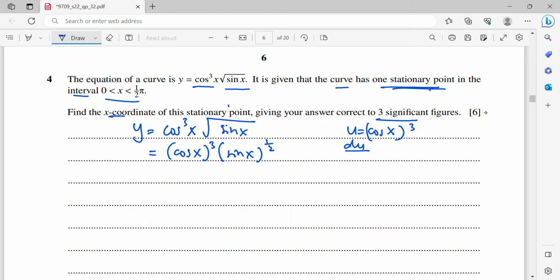So now my du over dx is going to be 3, rewrite the cos x, the degree becomes 2. Then you differentiate cos x, which is minus sine x. This is your differentiation. If you want to rewrite, it will be negative 3 cos squared x sine x.